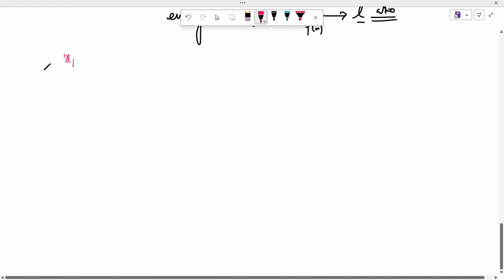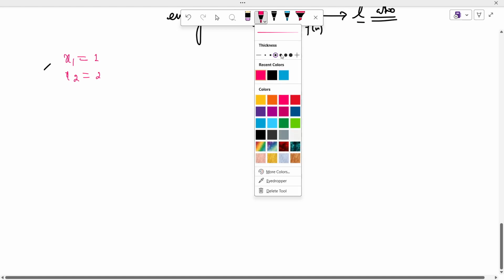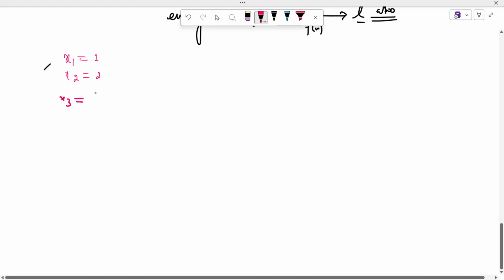So x1 is equal to 1, x2 is equal to 2, and what is x3? x3 is basically (x2 plus x1) by 2. Check it. So x3 is (2 plus 1) by 2, so it is 1 plus 1 by 2.